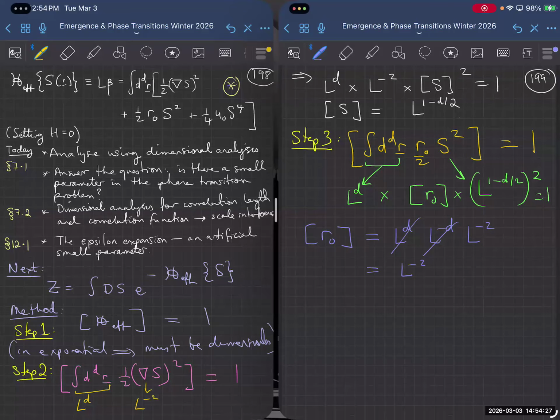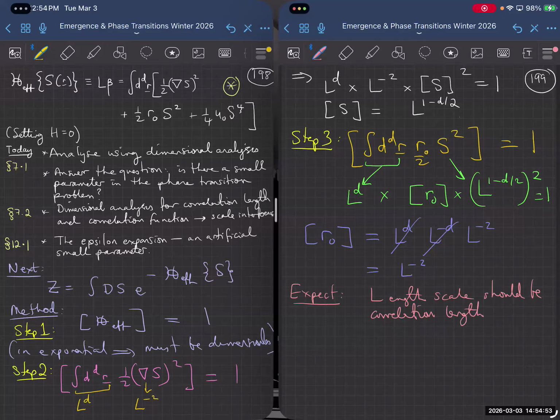And so let's see if that makes sense. What we expect is that the characteristic length scale should be the correlation length xi of t.